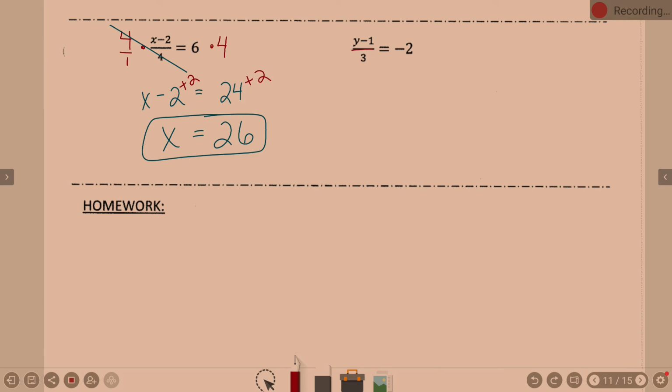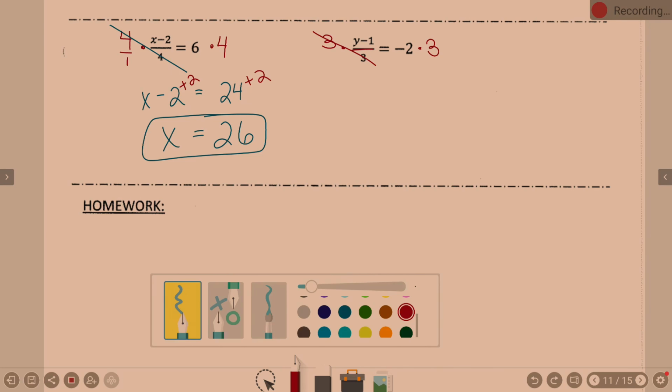What's the opposite to dividing by 3? Multiply. If I multiply the left by 3, we multiply the right by 3. Now, what happens with those 3s on the left? They cancel. Then we got y minus 1, good.